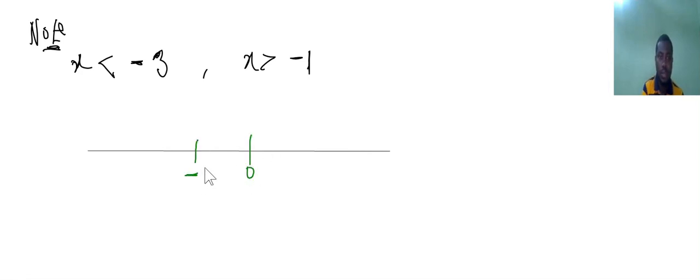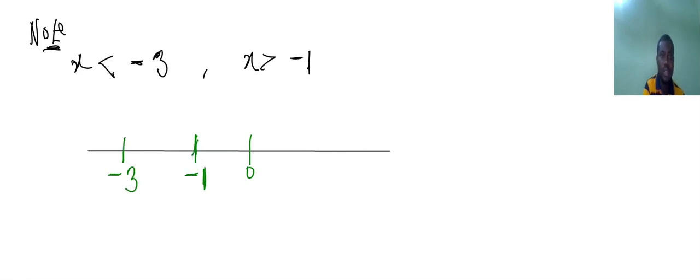Let's say we solve and our final answers look like x less than minus 3, and another answer x greater than minus 1. Let's see how this looks. On a single number line, we have reference point 0, negative 1 to the left of 0, negative 3 also to the left of 0.